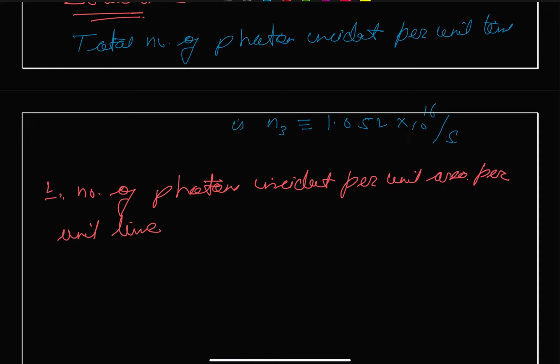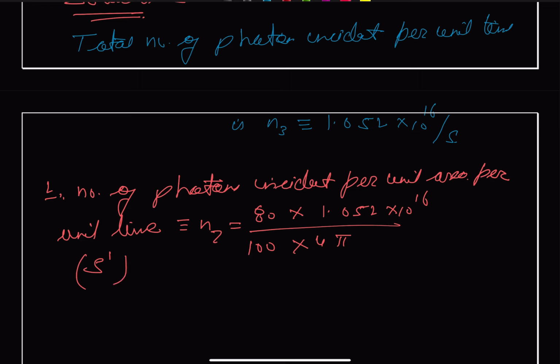So we can say the value of our N7 will be equal to 80 upon 100 multiplied by 1.052 into 10 to the power 16 divided by 4 pi, and remember this is with respect to S prime now, whose distance is 5.7.